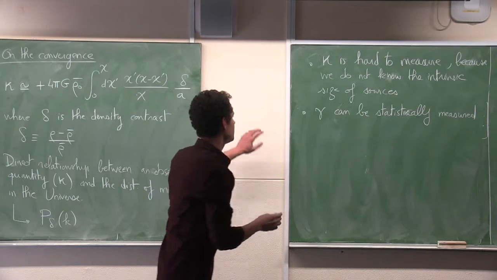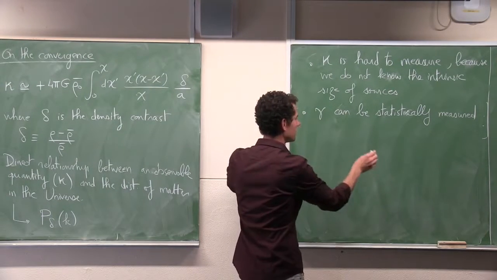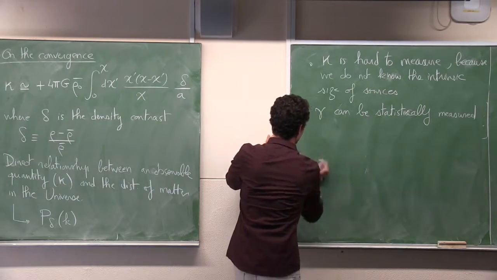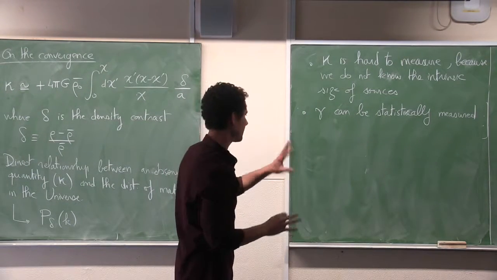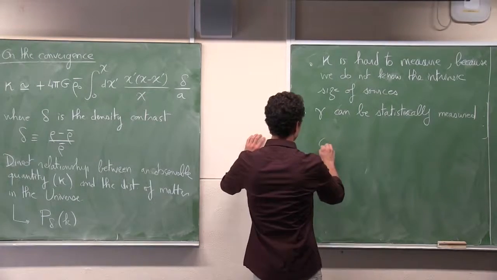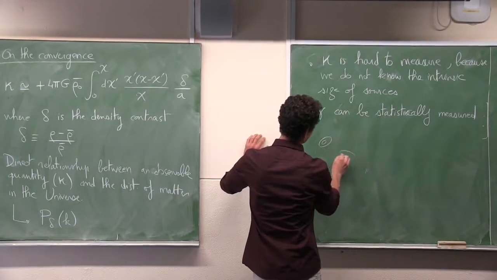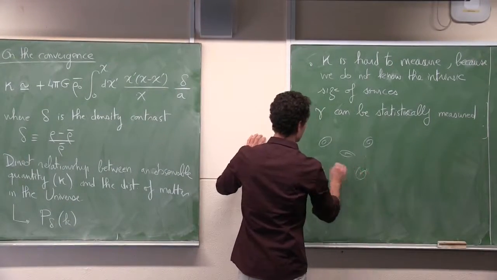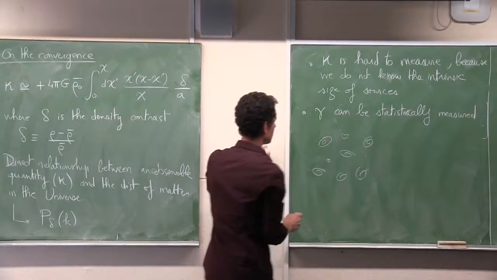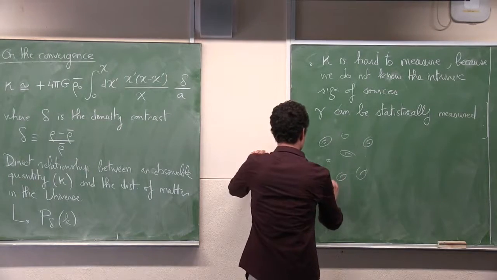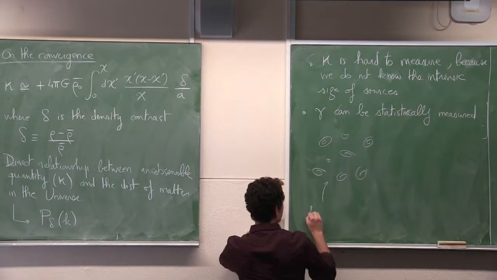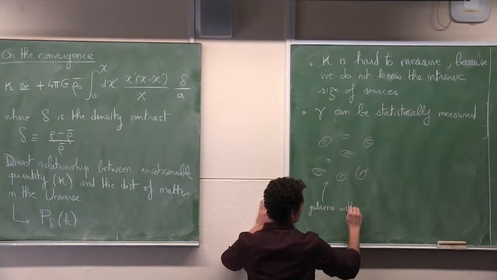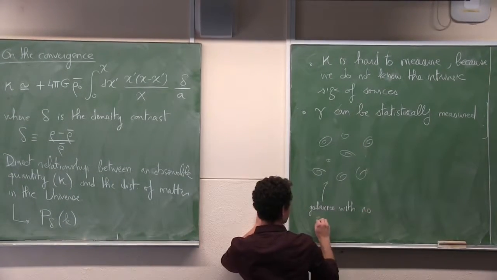And the picture is the best way to understand that. Suppose you have an area of the sky in which you have no lensing at all. You can expect your galaxies to have random alignments like this, with no alignment.